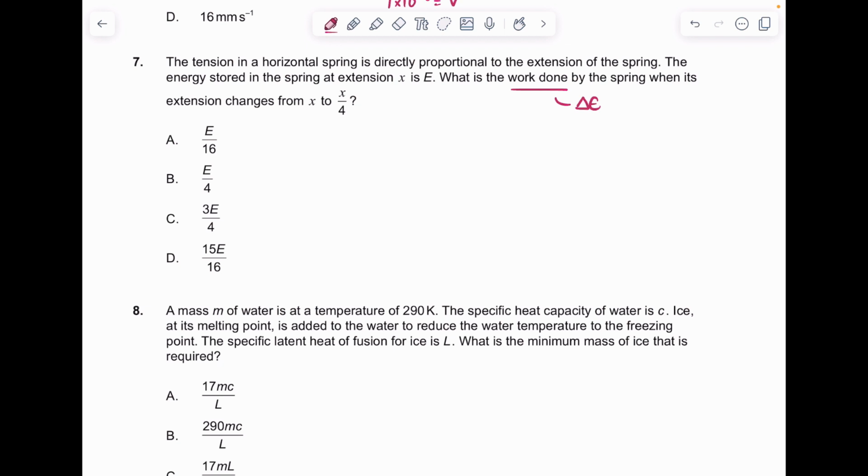Right, so we need to look at what the energy expression is when the spring's at x and when it's at x over 4. So when it is at x, the energy stored is a half k x squared.